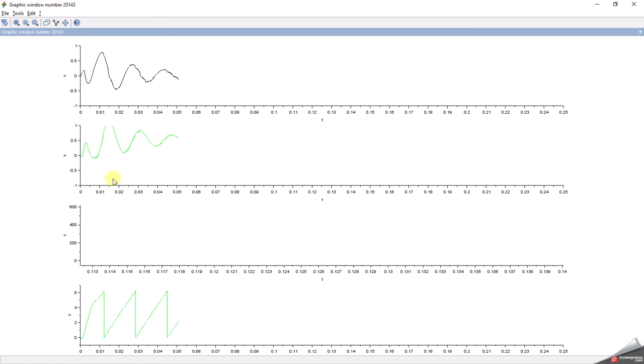There is some load on this motor as well, but I don't want to talk about this parameter too much. Anyway, so yeah, that's what it is.